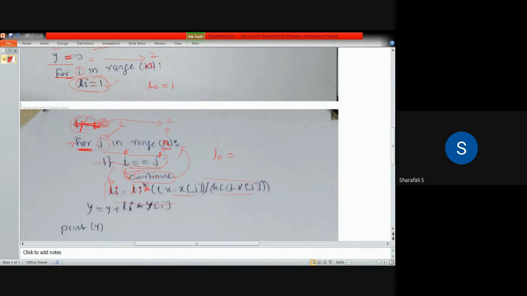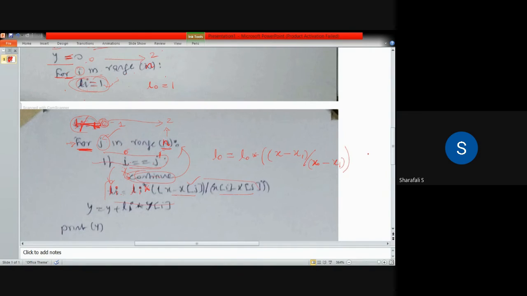L0 will be equal to L0 star into (x minus x of j), where x of j is now x1. Here x is given, so I will put it as x itself. Divided by x of i, which is x0, minus x of j, which is x1.